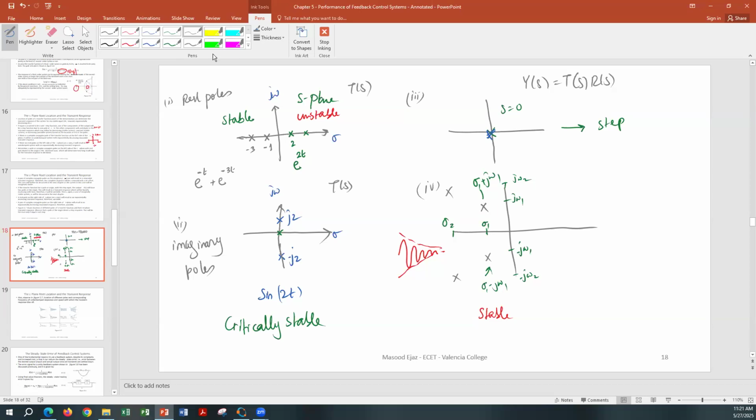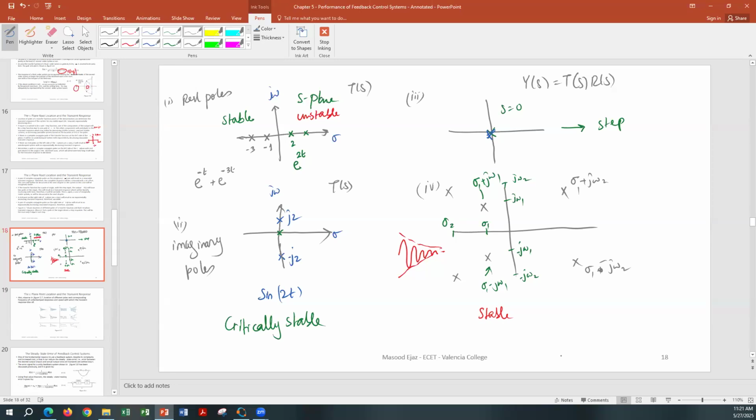If we have complex conjugate roots on the right side, sigma plus or minus j omega, what type of response are we expecting? It's going to be exponentially increasing, and it's going to be oscillating in nature. Yes, the poles, I mean, the roots of the denominator.